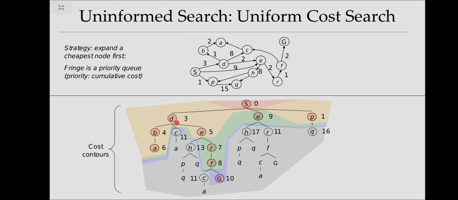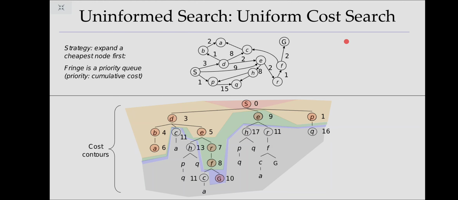For example, for D, the cost of the link is 3, plus the label of the predecessor is 0. 3 plus 0 is 3. Also for B, the cost of the link between D and B is 1, and the predecessor label is 3. 3 plus 1 is 4. This formula can be used for all of the nodes in a loop.